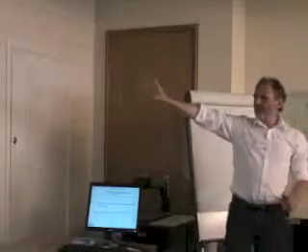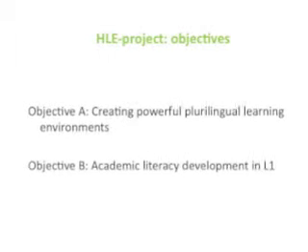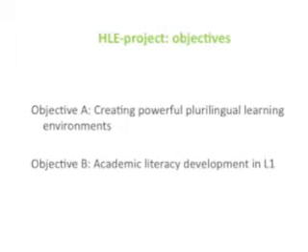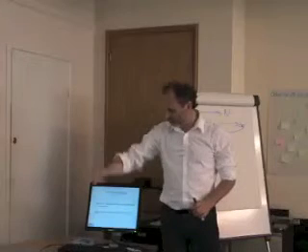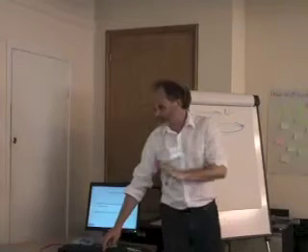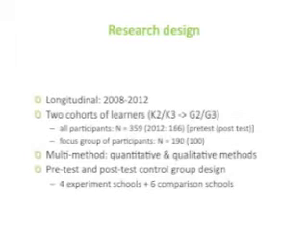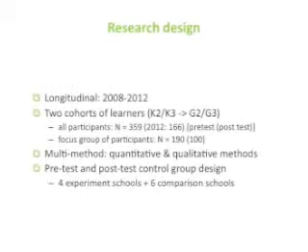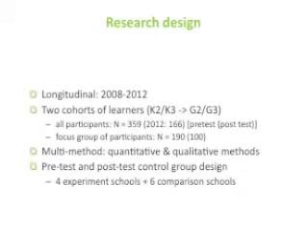Two major objectives: creating powerful learning environments, where the L1s of kids are exploited, and academic literacy development in L1. I will mainly focus on objective A, but will also briefly give you some results of objective B. As I said, it was a longitudinal study with 2 cohorts of learners. We started with a cohort in K2 and K3, and went on to G2 and G3.